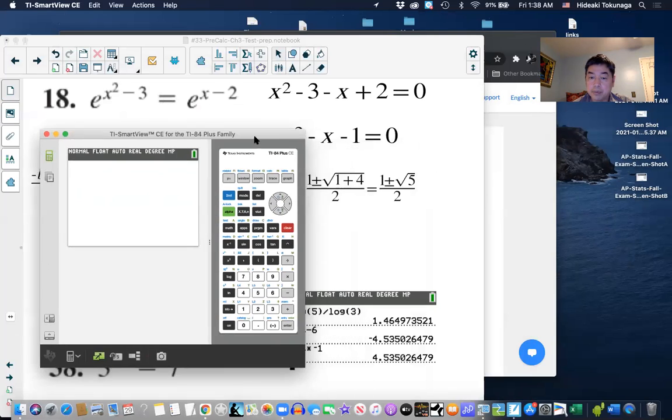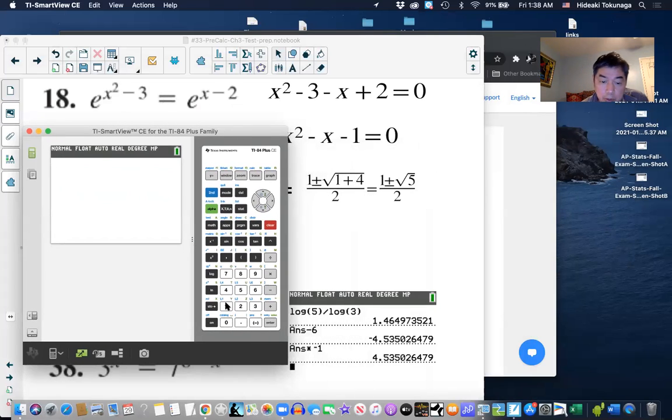Let's do the addition first. 1 plus square root 5, which is around 2.235, right?